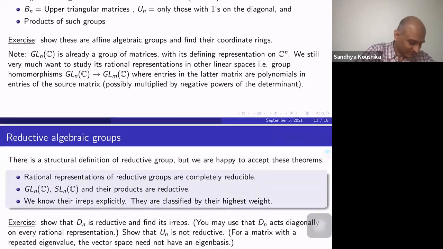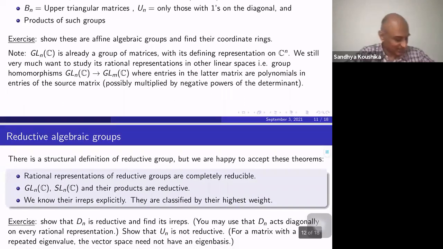Now, an exercise. Notice that the group of diagonal matrices is just a copy of GL1 products. You should try to show that this is a reductive group. I did not define reductive, so what I mean is that all representations are completely reducible.